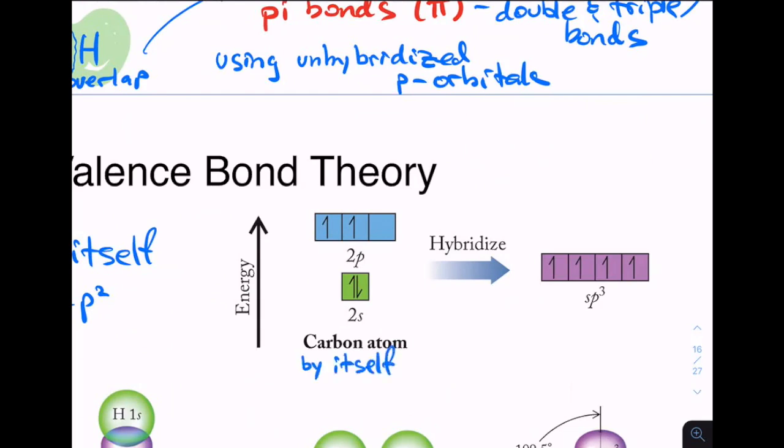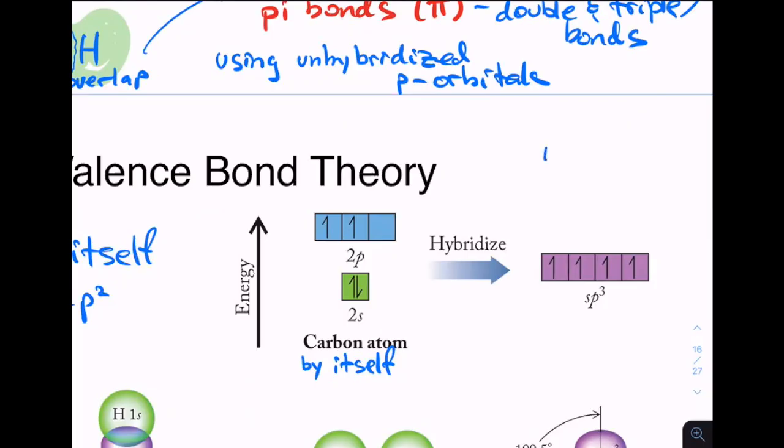But now we're going to describe what happens to the valence electrons in carbon when it's bonded to four things, when it takes on an SN of 4. According to the theory, then, these four different orbitals, 3 p orbitals and 1 s orbital, will all hybridize into 4 sp3 orbitals, right?